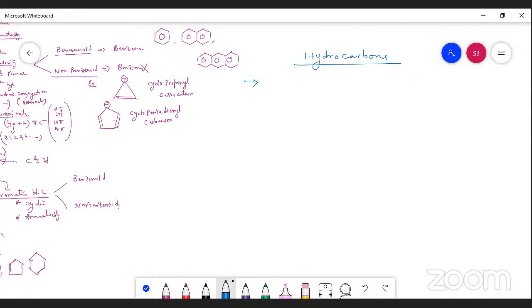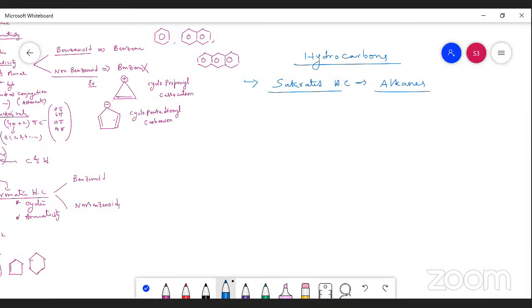Today we are going to discuss the saturated hydrocarbons. What comes under saturated hydrocarbons? Alkanes.